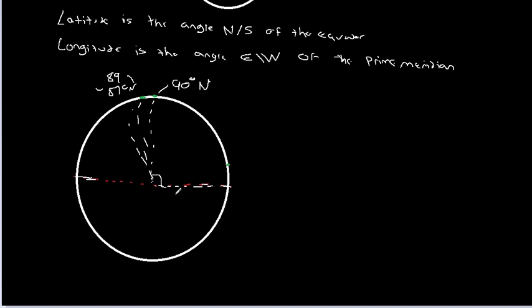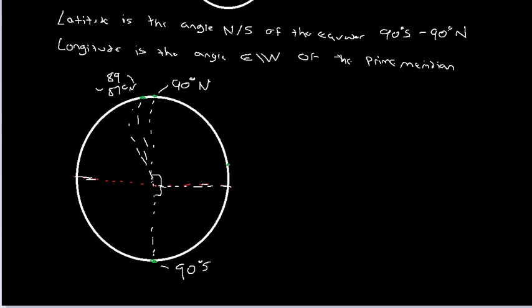Same thing south. If we were to have our point down here, this would be 90 degrees south. So latitude is north-south, and it goes from 90 degrees south to 90 degrees north.